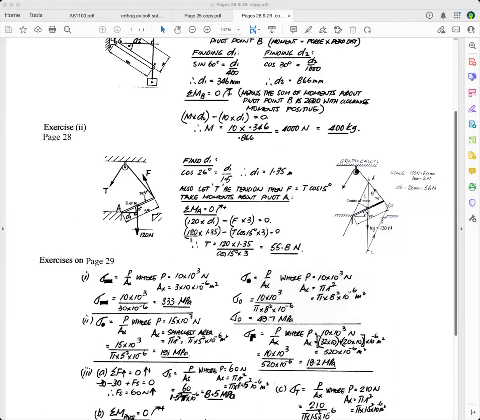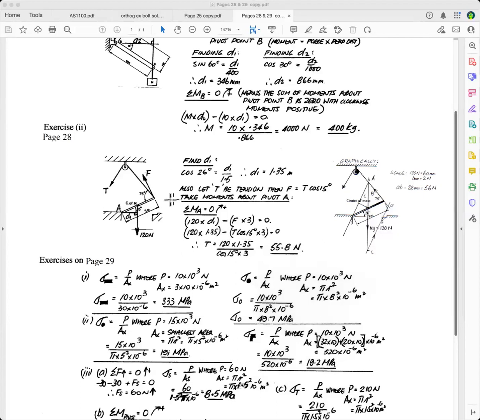Okay, so you substitute your values. So you've got 120 multiplied by 1.35. So that's that 120 there, multiplied by 1.35. And that's going clockwise, so that's positive. Minus this force here. And that force, because of components, it's T cos 15.